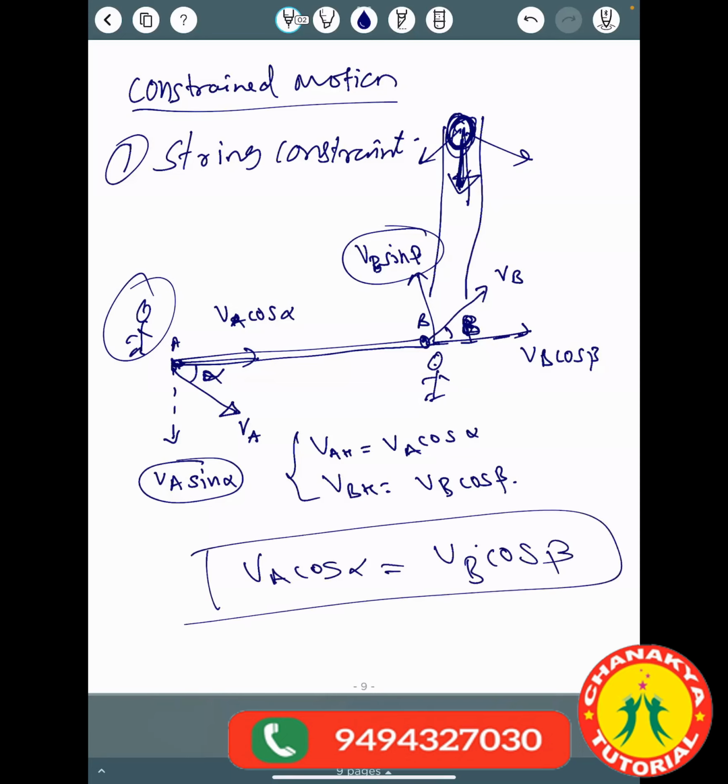What this constraint says is that the velocity of each particle along the string is always the same. This is a very important statement. Note it down. You put the heading string constraint. In that you write: velocity of each and every particle of the string along the length is the same. Along the length, which is important.